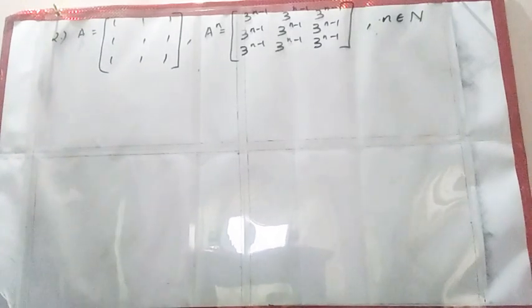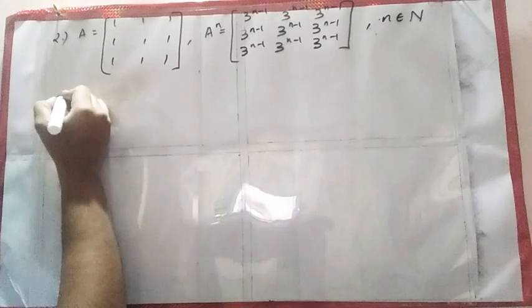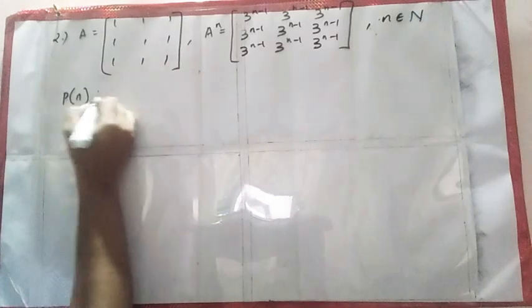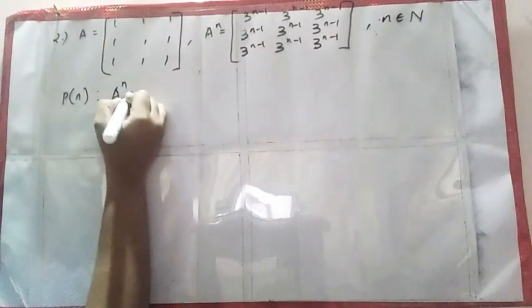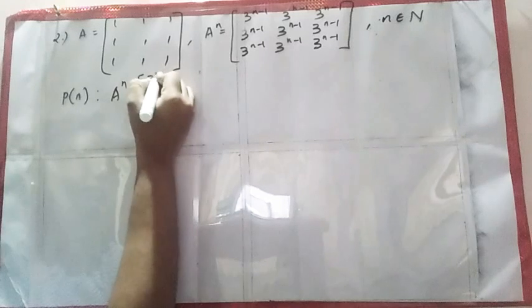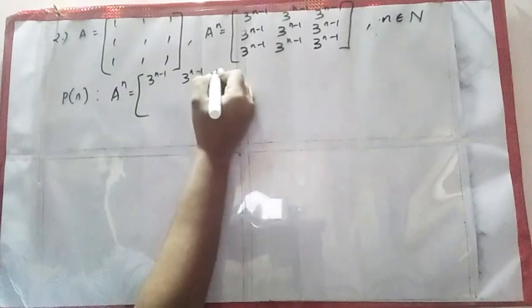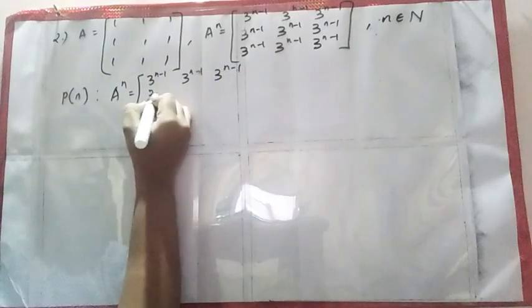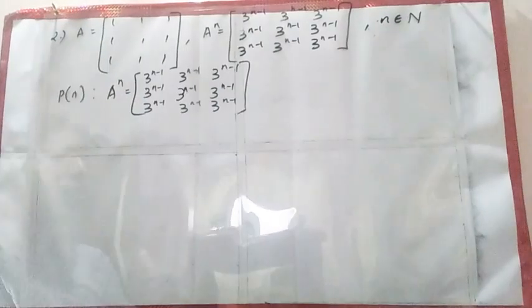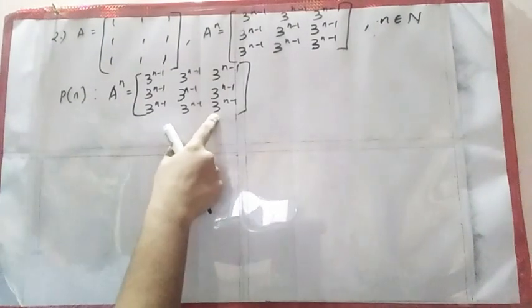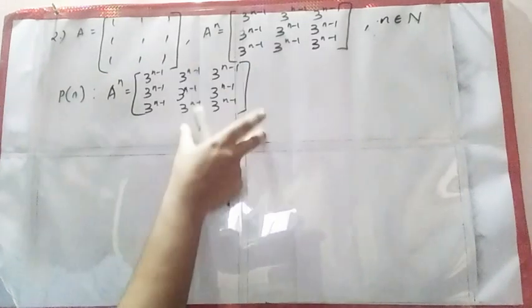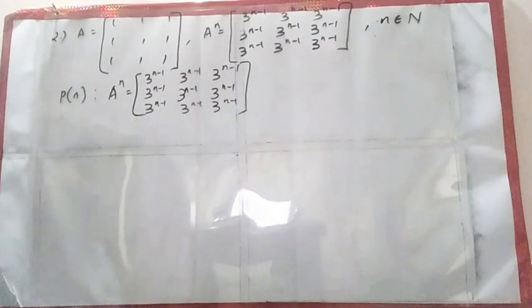In order to prove that, first we consider the statement Pn as A raised to n equal to a 3 by 3 matrix, with each of its elements as 3 raised to n minus 1.